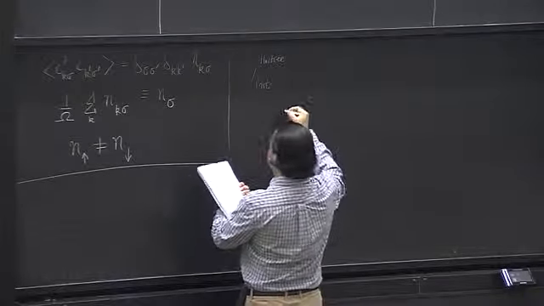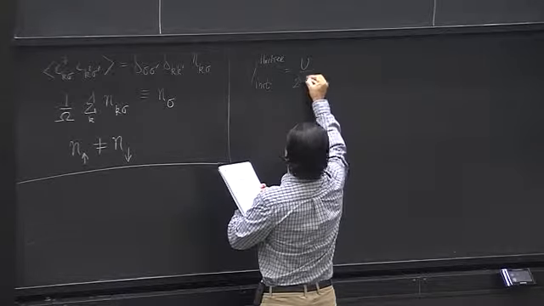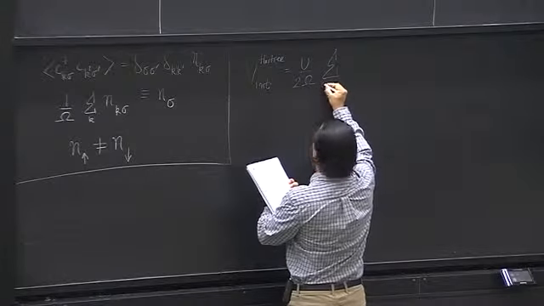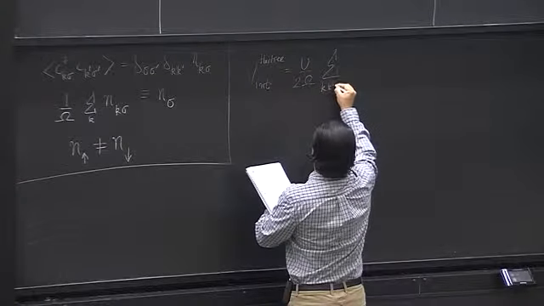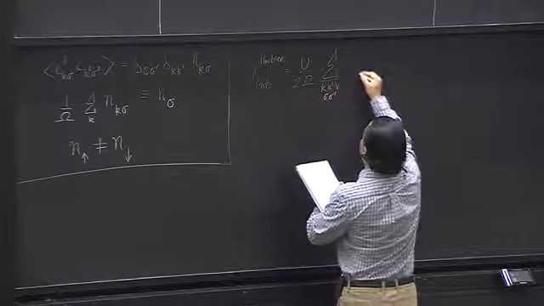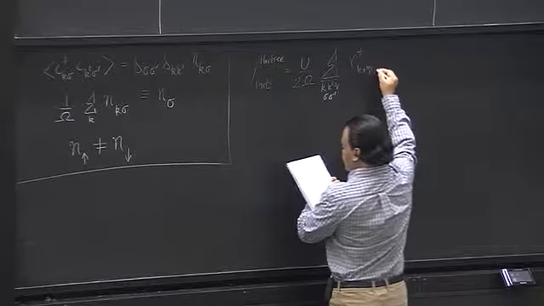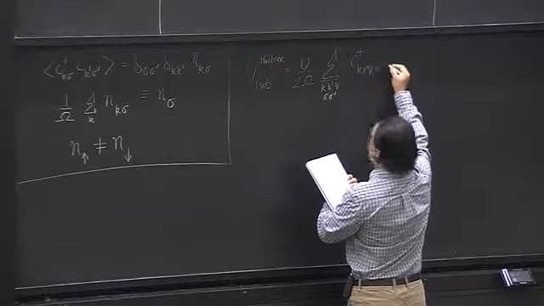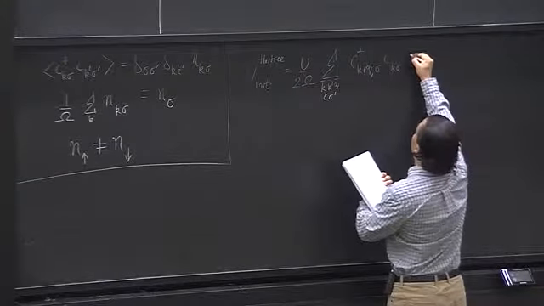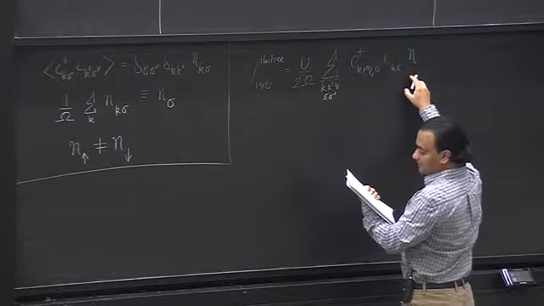What I will find is that the Hartree term is U over 2Ω sum over k' q σ' c† k+q σ c kσ. And now I'm writing this.